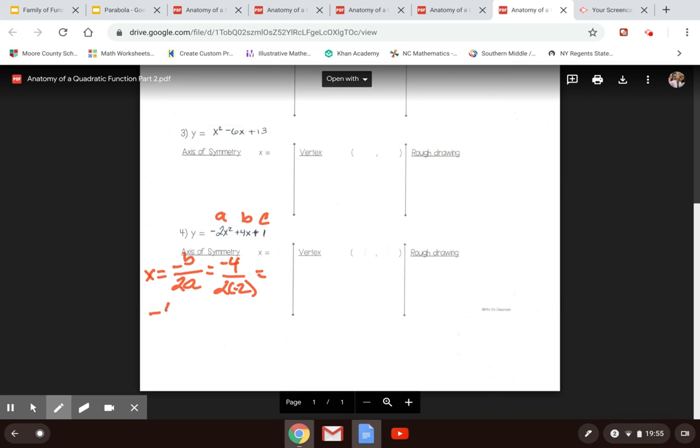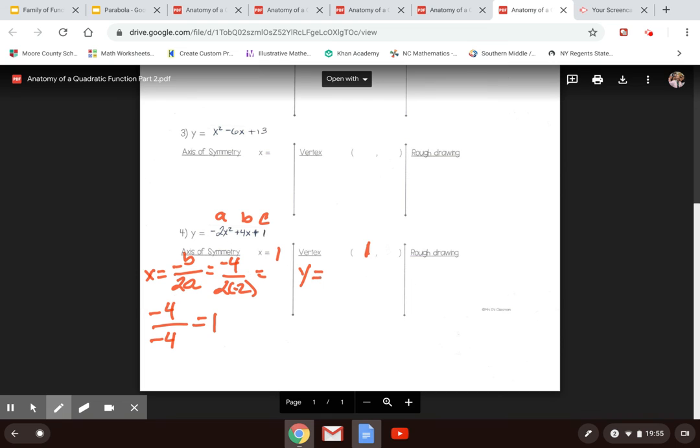So that becomes negative 4, and negative 2 times 2 is negative 4 as well. So that means my answer is going to be x equals 1. So my axis of symmetry is the line at x equals 1, which is a vertical line through my point 1 on my x-axis on my coordinate plane. So I put the 1 there for the first part of my ordered pair.